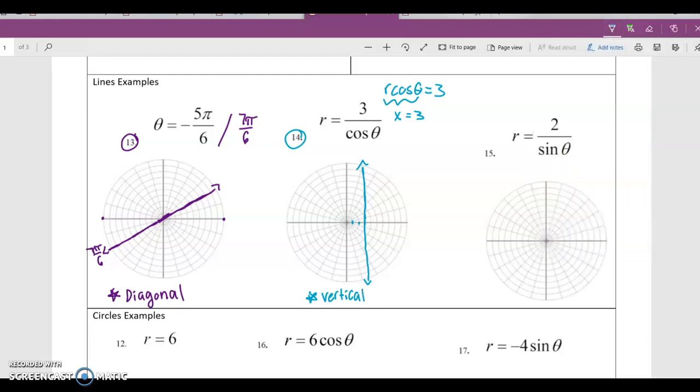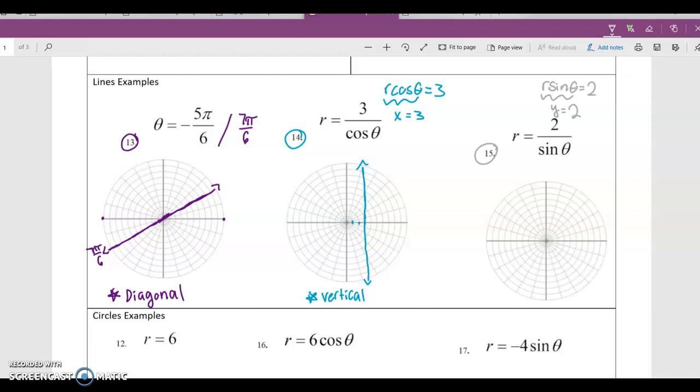And last but not least, r is equal to 2 divided by sine of theta. So same thing, if we multiply both sides by sine of theta, we have r sine theta is equal to 2. And replacing this with y, we have y equals 2.